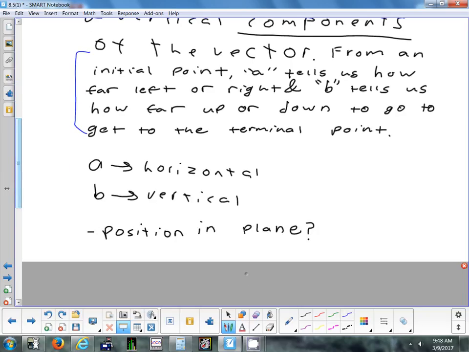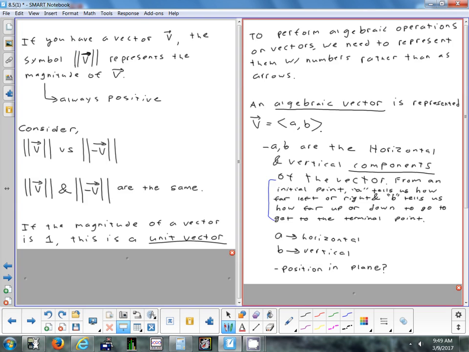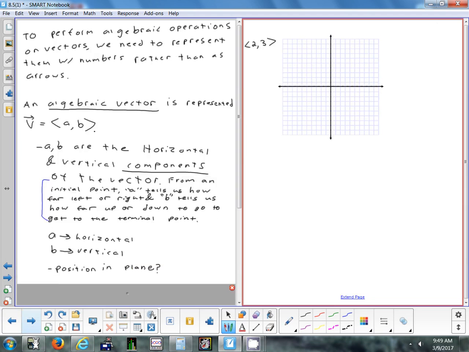The one thing it doesn't tell me is where to put it in the plane. So for example, if I wanted to draw the vector <2, 3>, I could start here and go right 2, up 3, and that's perfectly correct. I could start here and go right 2, up 3.